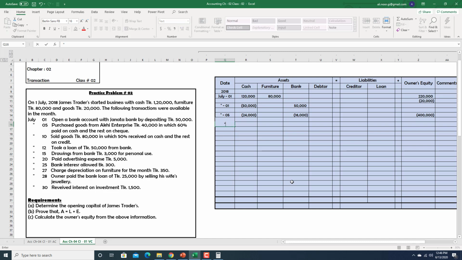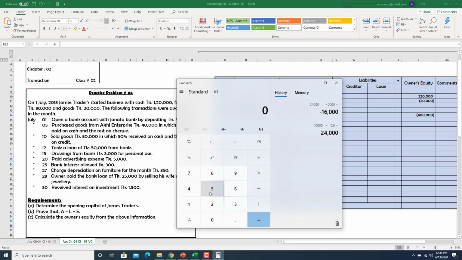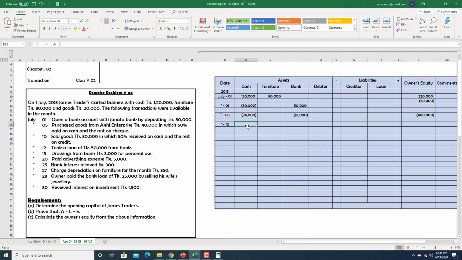July 10, and we received cash, so 50% of 80,000. Though we know it is 40,000, I'm just checking through my calculator. It is 40,000. So we received cash 40,000. Write it here, 40,000, and the rest part on credit.